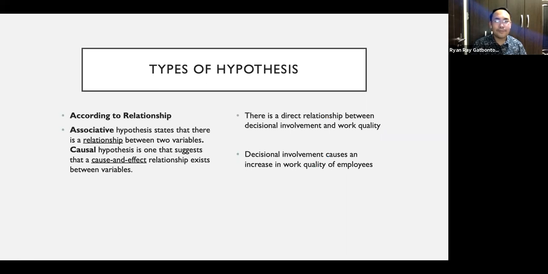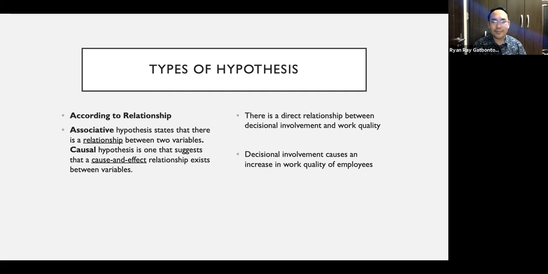Another way of classifying your hypothesis is according to their relationship. A hypothesis can be an associative hypothesis if it states that there is a relationship between the variables.